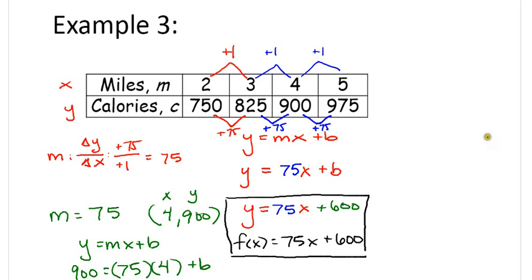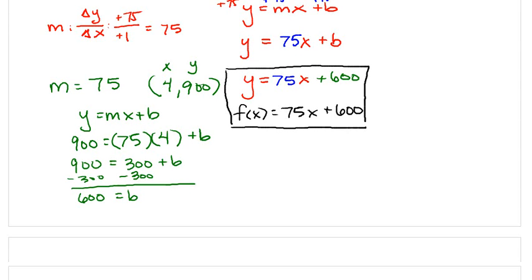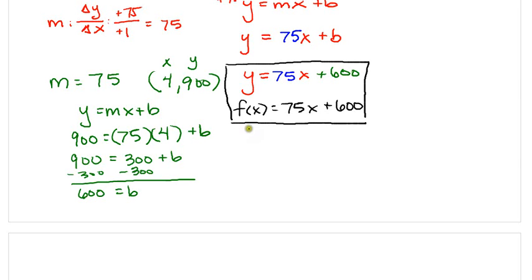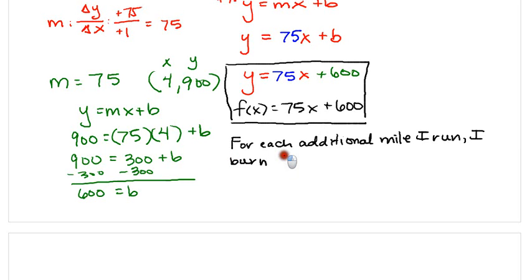So the number of calories I burn increases for each additional mile that I'm running. So I'm going to interpret that down here below. We're going to write this in our notebooks. The slope means that for each additional mile I run, I burn 75 calories.